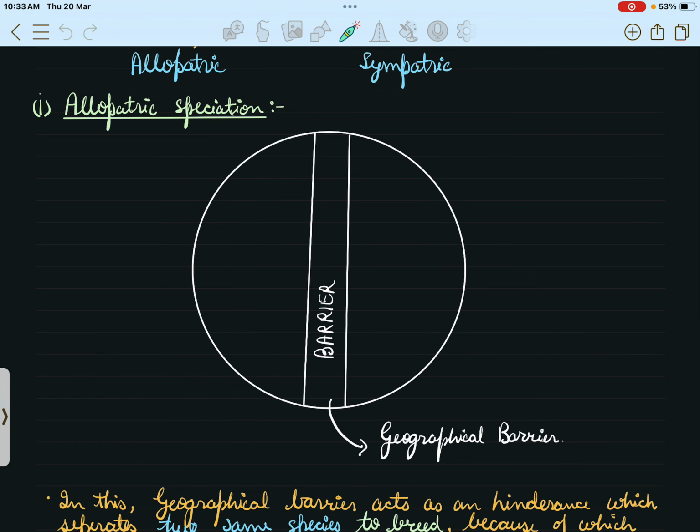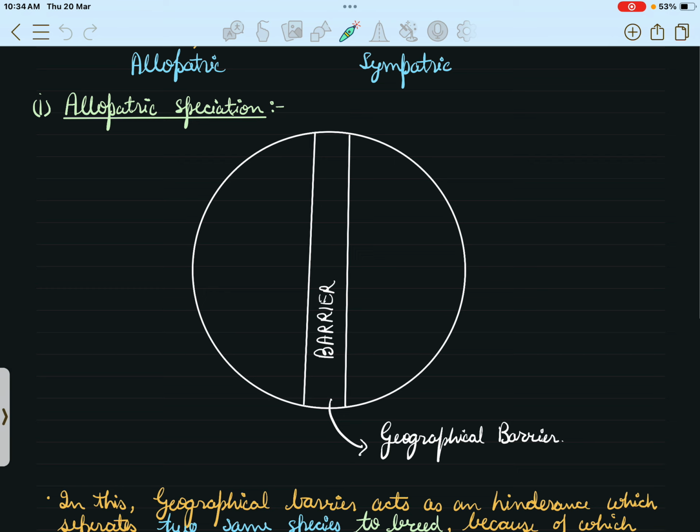So for allopatric speciation, just for an example, I have drawn a circle here. एक सर्कल को आप ऐसे इमेजिन करो कि it is a land mass. Just imagine it as a land mass and there is some sort of barrier because of which a species which is present in this whole landmass is being separated into two halves.